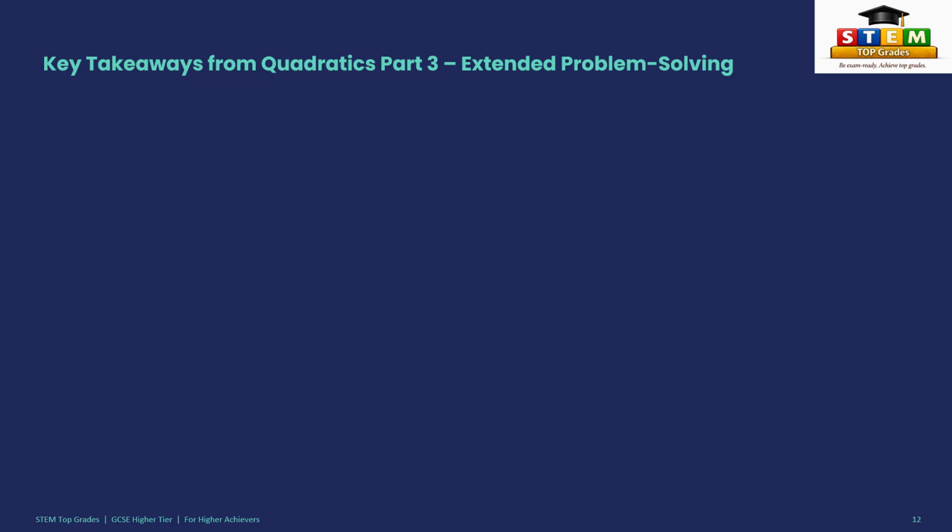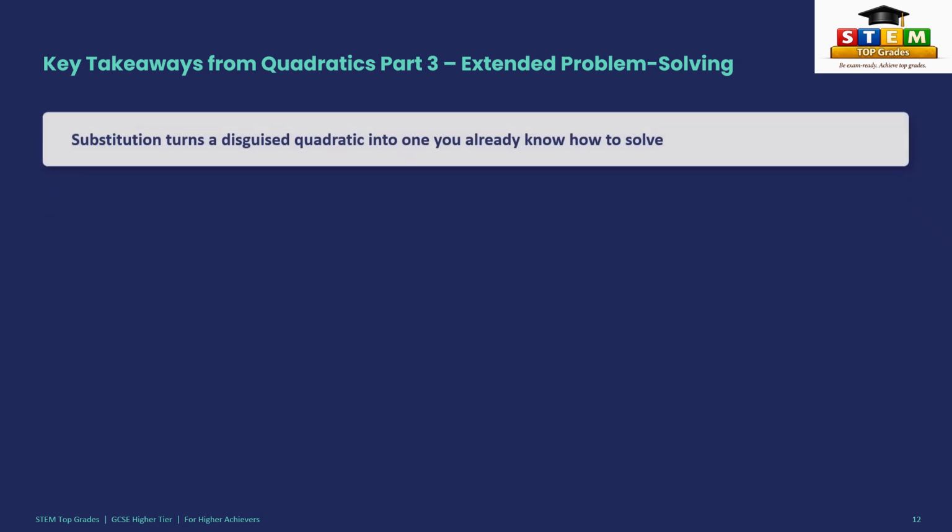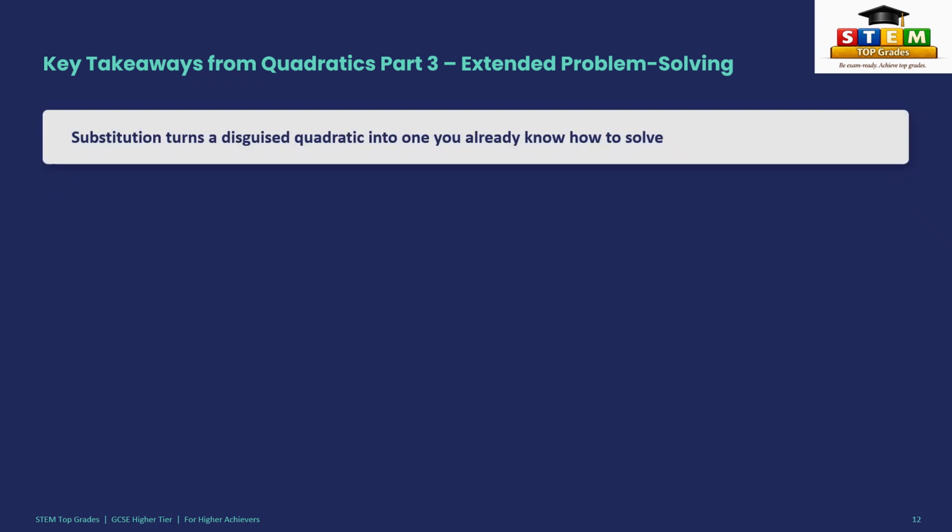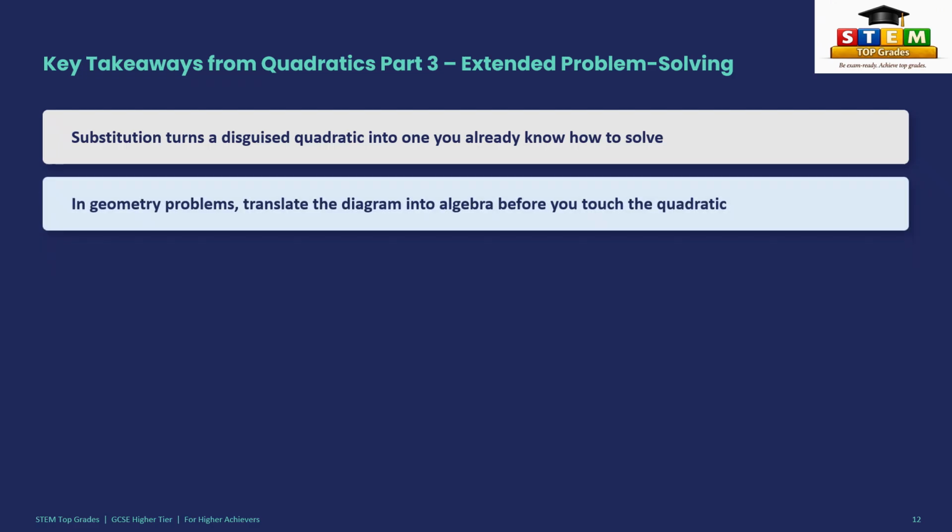Now we got some takeaways from this session. Key takeaways from part 3. First of all, substitution turns a disguised quadratic into one you already know how to solve. Secondly, in geometry problems, translate the diagram into algebra before you touch the quadratic.